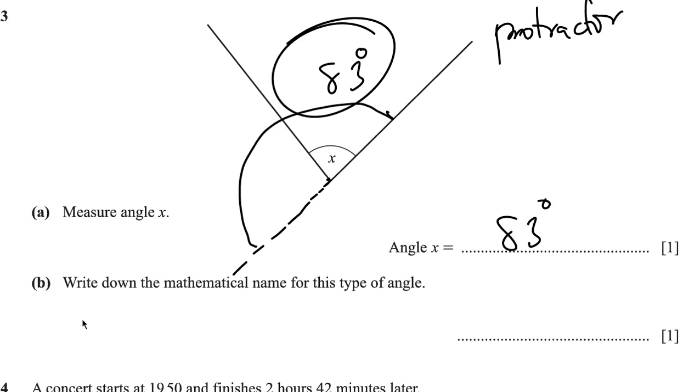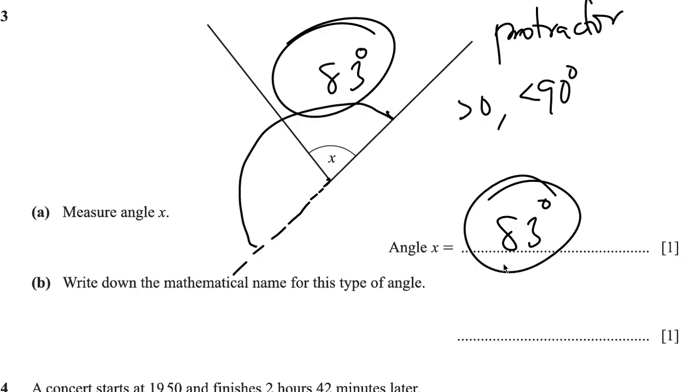And then the question says, write down the mathematical name for this type of angle. Right? So if an angle is greater than 0 and less than 90 degrees, so you can see that 83 is greater than 0 and it's less than 90 degrees, then we call it an acute angle. If it's greater than 90 but less than 180, that's an obtuse angle, right?